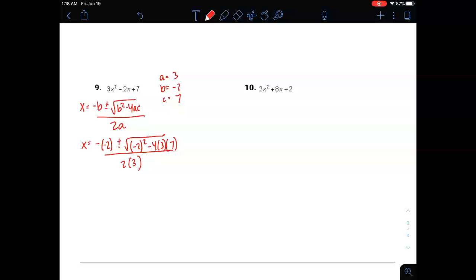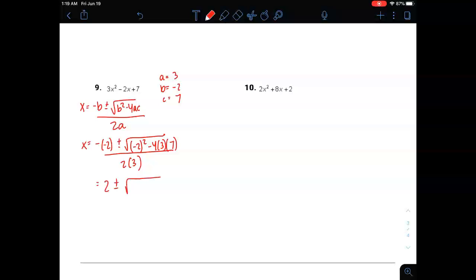And again, I'm very careful to make sure that that negative 2 is in parentheses, and then that quantity is squared. Got to make sure that mistake doesn't happen in our calculators.